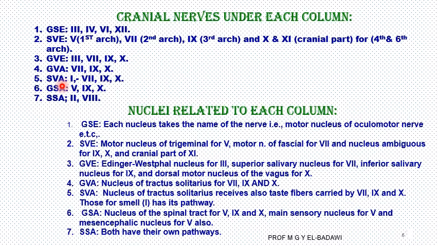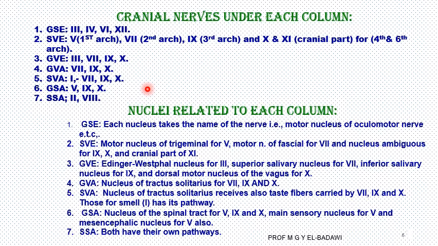The general somatic, which are the exteroceptives, by the trigeminal mainly, and the glossopharyngeal and the vagus. The special somatic afferent, the vision by the optic, the hearing by the 8th nerve, the vestibulocochlear or statoacoustic nerve.